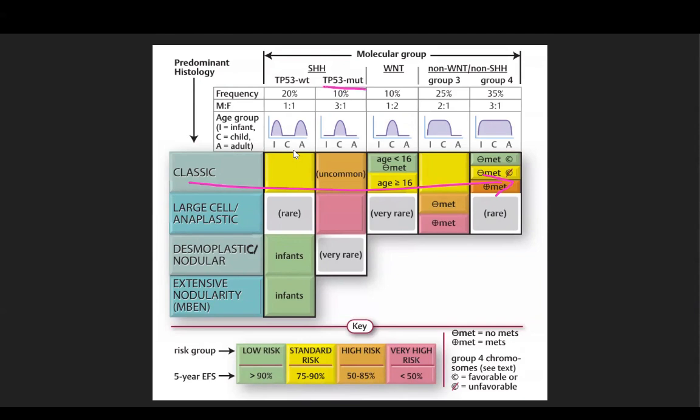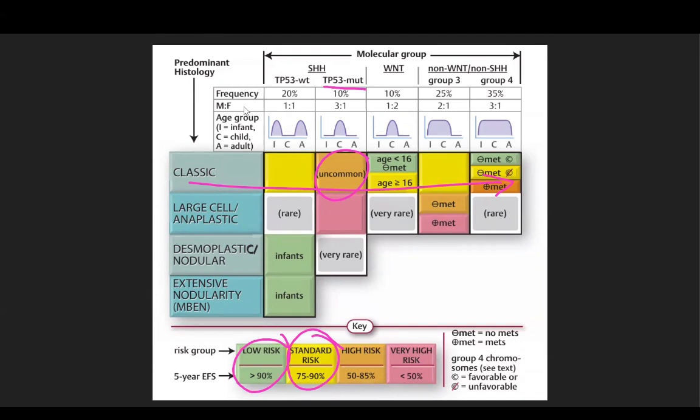Then we have TP53 mutants, which were a high risk group, but they were uncommon. And then we have WNT group, where if the age is 16 and there are no mets, then it is a low risk group. But if the age is more than 16, looking like that poor guy, then it is a standard risk age group. Are you all with me so far?